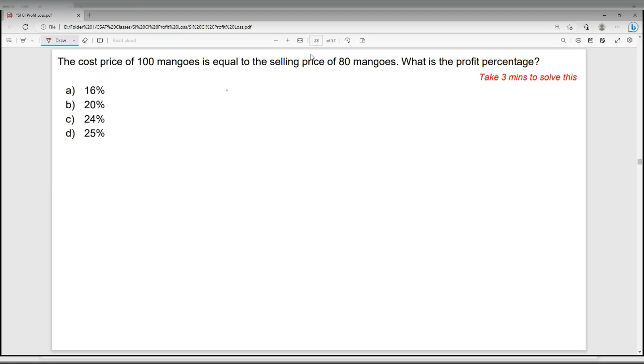So the cost price of 100 mangoes is equal to the selling price of 80 mangoes. What is the profit percentage? They're saying that the cost price of 100 mangoes is equal to the selling price of 80 mangoes.